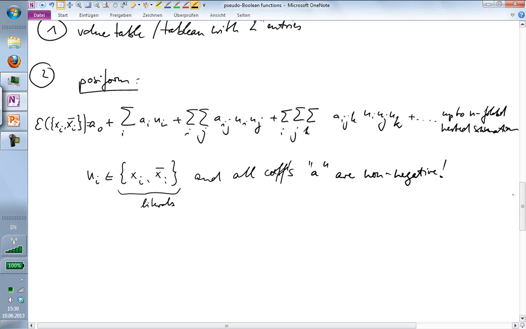Now this is a highly redundant representation, as you can ascertain by simply looking at the number of coefficients there are. So the coefficients we have is 1 plus n plus n squared plus n cubed, and so on.